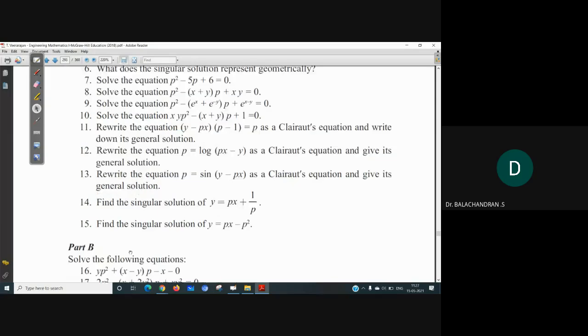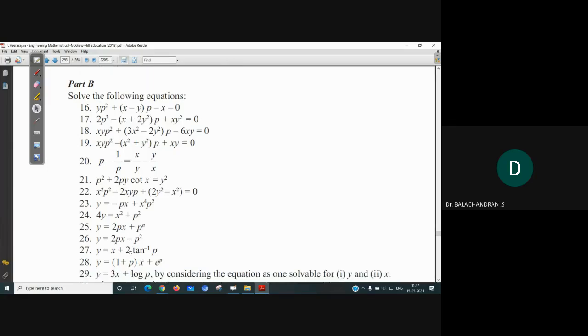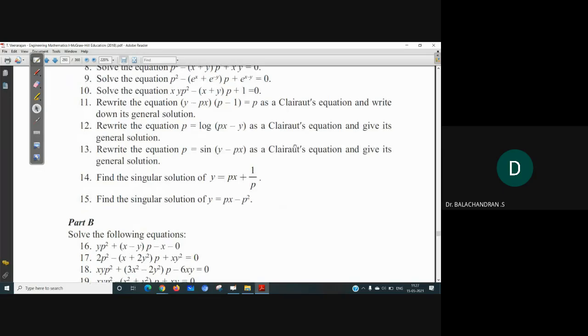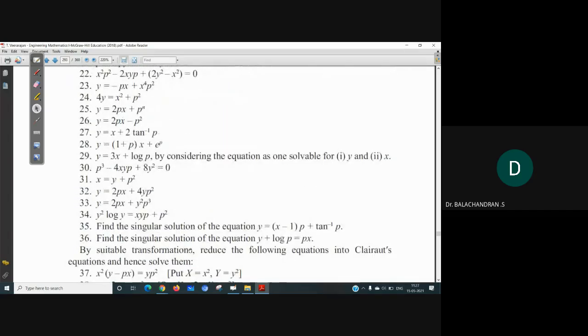Now in part B, try to solve as many problems as you can. If a problem comes under Clairaut's equation, don't solve that one; you can solve it later. The remaining problems you can try from 16 up to 31.